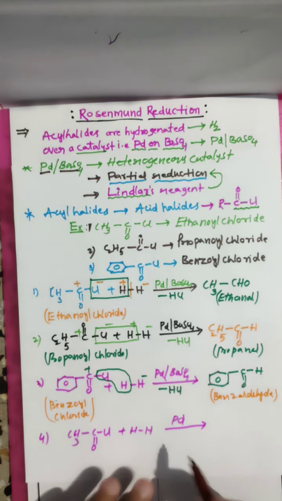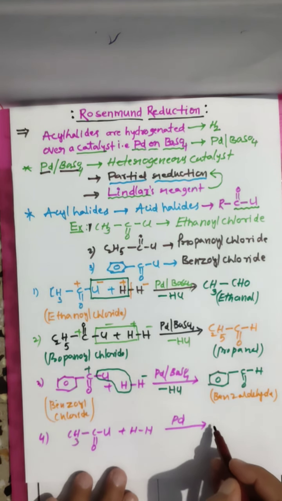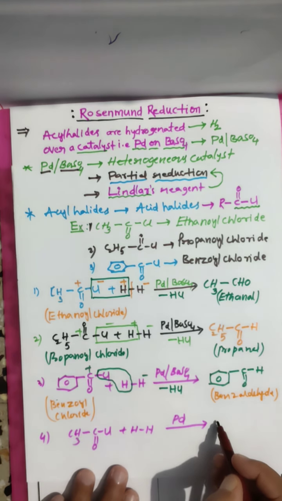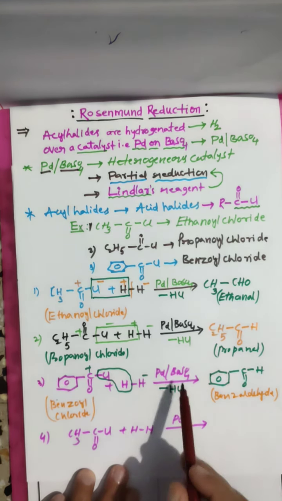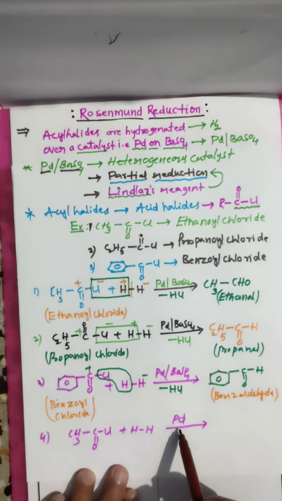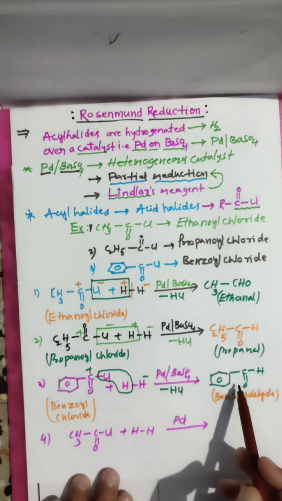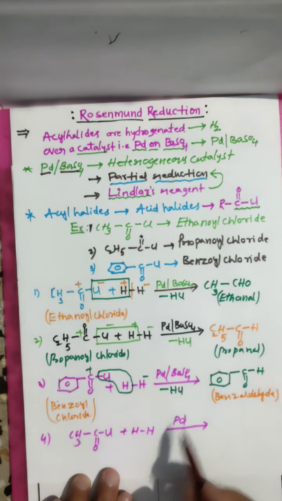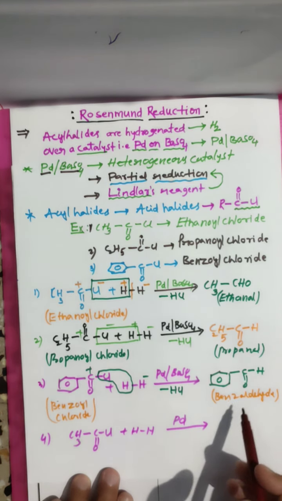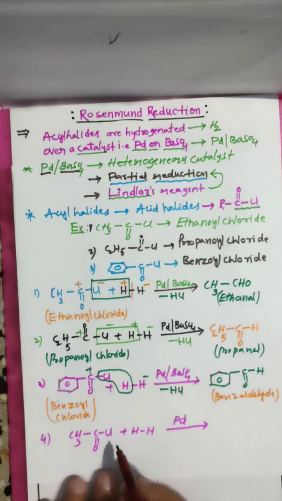So I am giving only Pd and hydrogen. And what is the product you are getting? Here, in the absence of barium sulfate, I am giving only hydrogen and palladium. The product will not be aldehyde. BaSO4 absent, the product will not be aldehyde. You are getting alcohol.